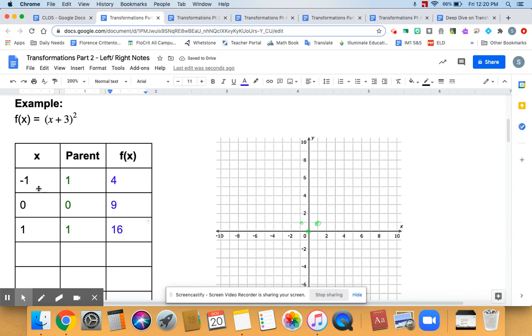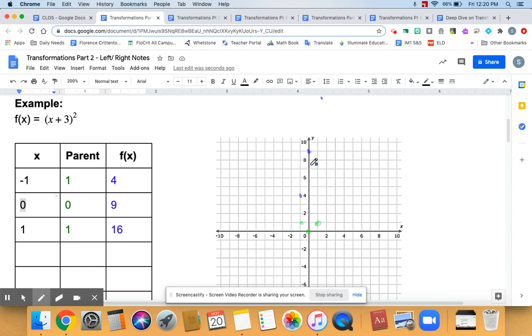So these 3 x's in this new graph are going to look like at -1, I went up to 4. By 0, I was all the way up to 9. And then by 1, I'm going to be all the way up to 16, wherever that is.